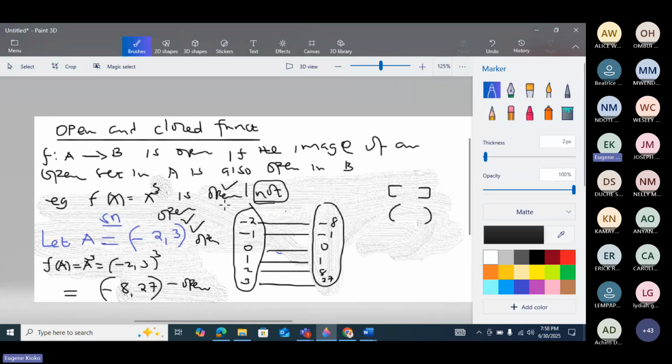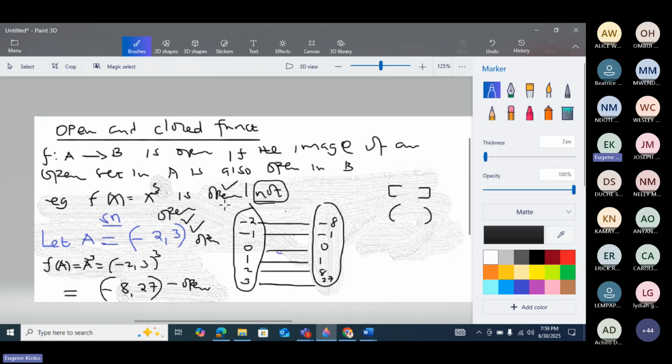But when the power is odd, that is 1, 3, 5, and so on, that function will always be open. You can even know the answer before doing it, as long as you know the power. If the power is odd, the function will be open. If the power is even, the function is not open.